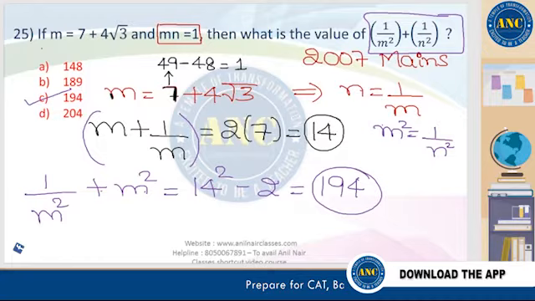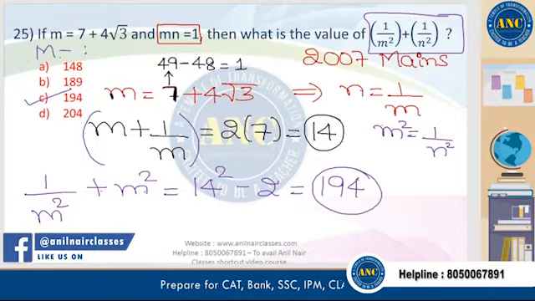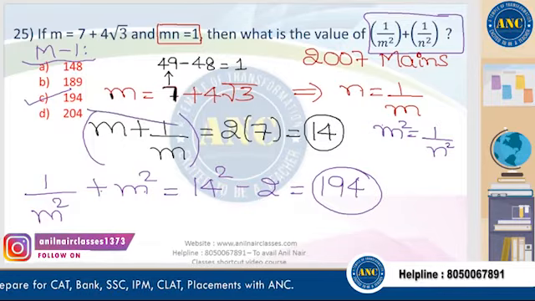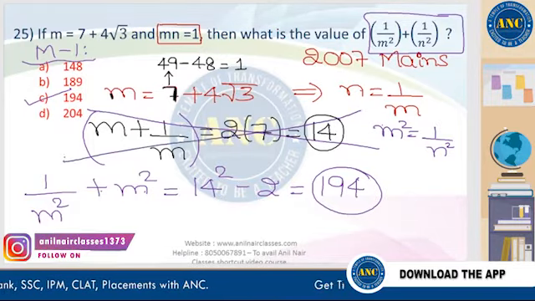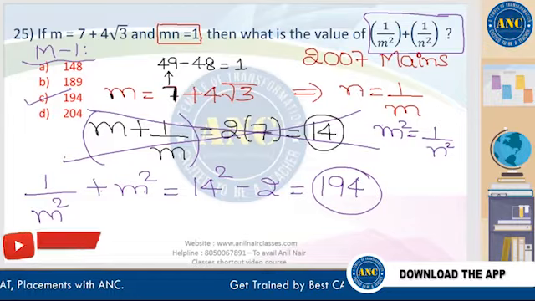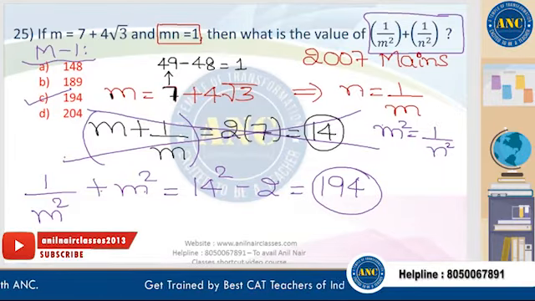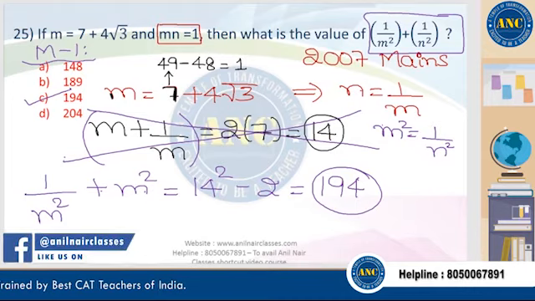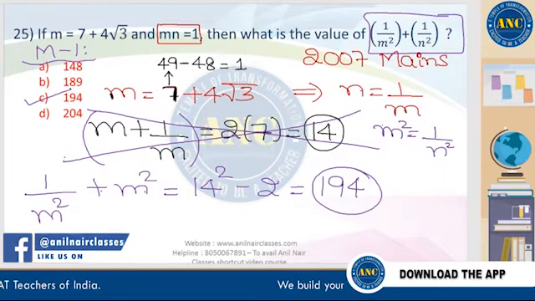But this I call once again method 1, because in method 2 you actually don't need to find the value of m plus 1 by m as 14. If you are very smart, m value is 7 plus 4 root 3 and they are saying that the product of m and n is equal to 1.